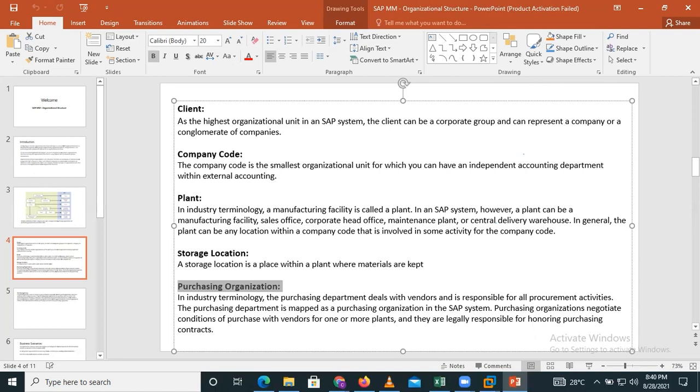So for all procurement related activities, the purchasing organization is responsible. This purchasing organization is nothing but my purchasing department, and in SAP that purchasing department we call a purchasing organization.